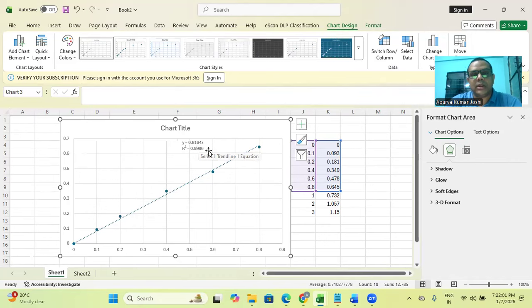And I'd like you to look at two things. One is the equation for the line. Typically a straight line has the equation y equals mx plus c. Because the line passes through the origin, the c value, which is the y intercept, will be 0, so it's just y equals mx, and the number shown here is 0.816.